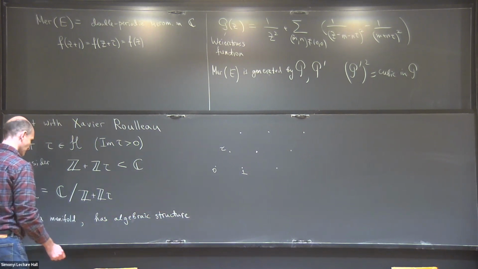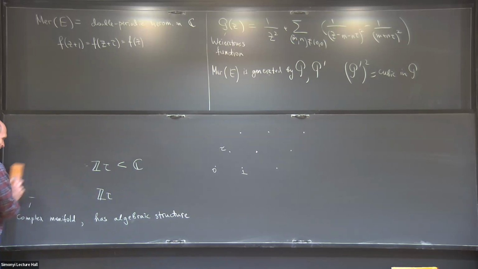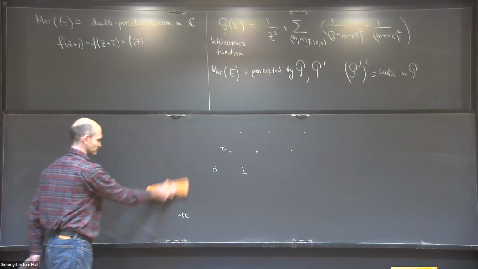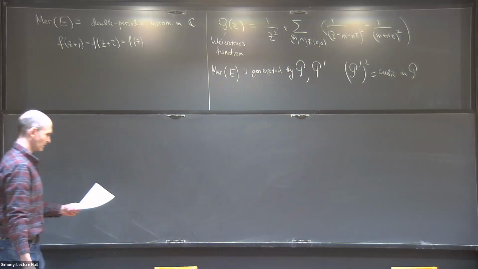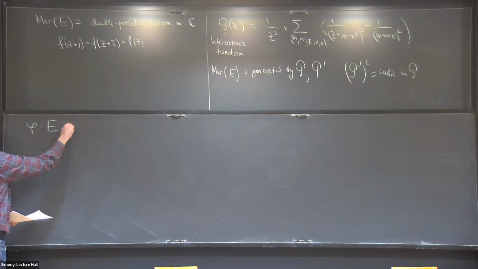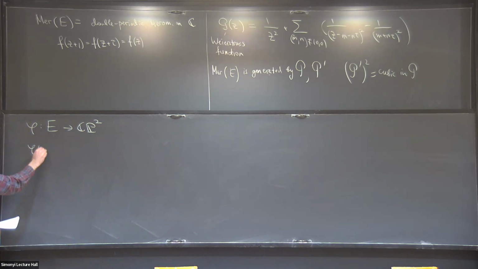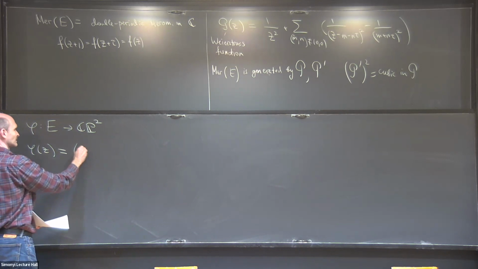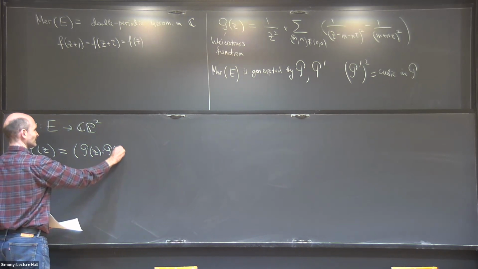Now, this Weierstrass function gives a standard embedding of E into the projective plane CP2, which will play a big role in the whole talk. So we have the embedding from E to CP2 defined by sending z mod the lattice to the Weierstrass function of z, its derivative, and 1.